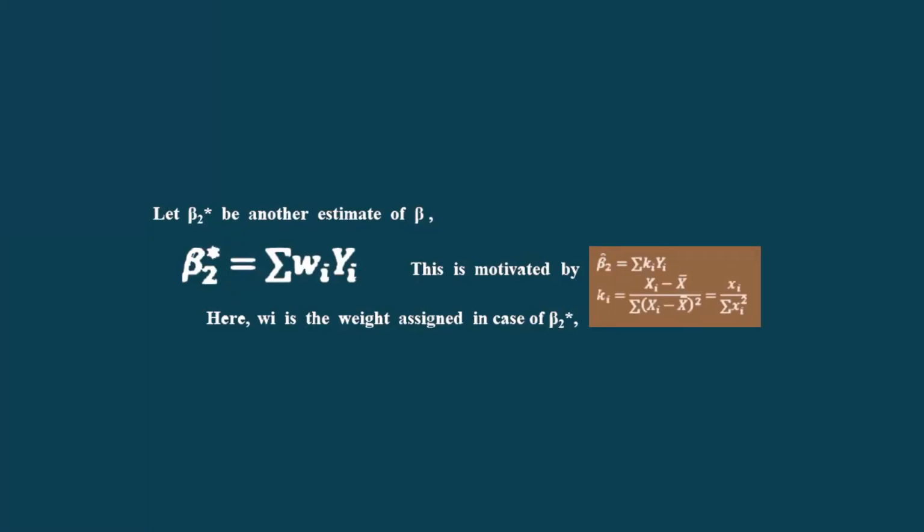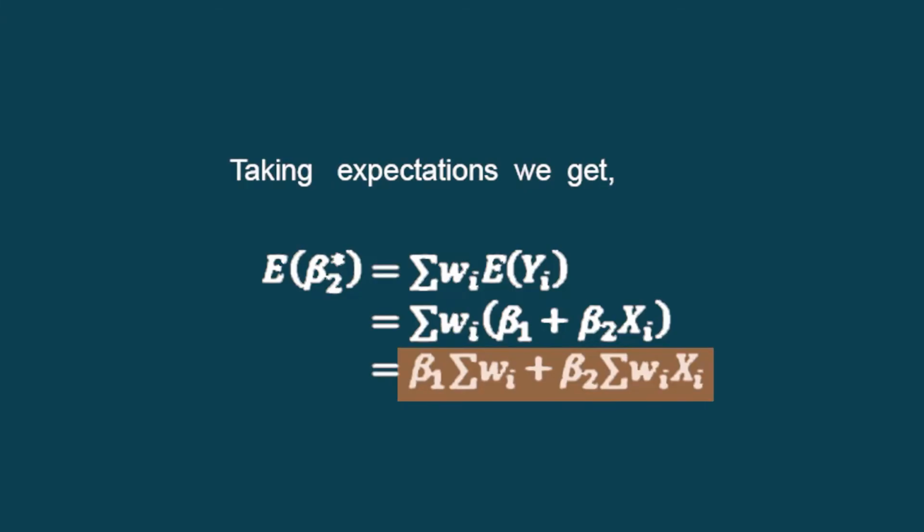So what we are basically doing is arranging the expression of beta 2 hat, which has already been done. Then on the basis of the ki weight, we write it in terms of wi yi, so ki takes a new name wi, and we take the expectation on both sides in order to show how we can boil down to the expression of the variance. On the basis of that, we can see that summation of wi is 0 and summation of wi xi is 1.